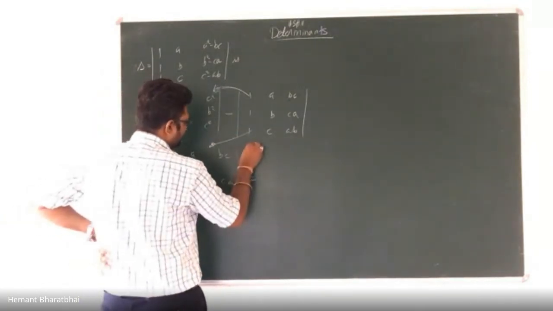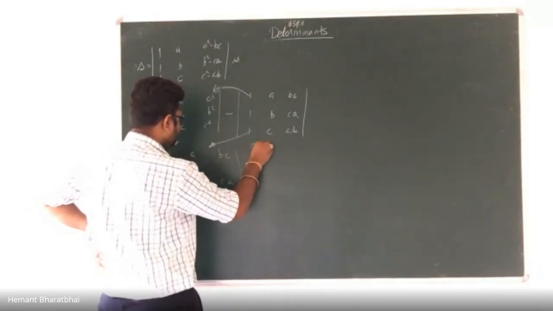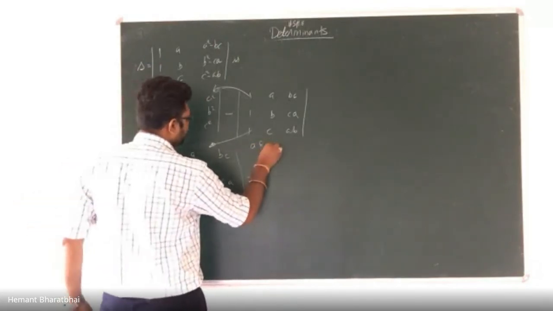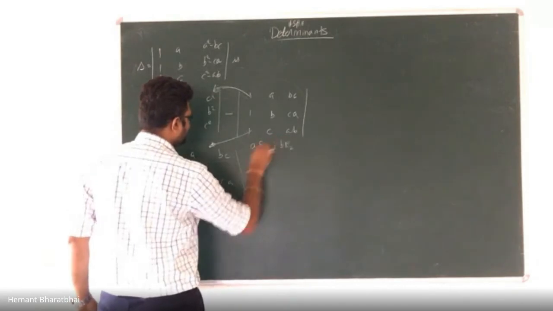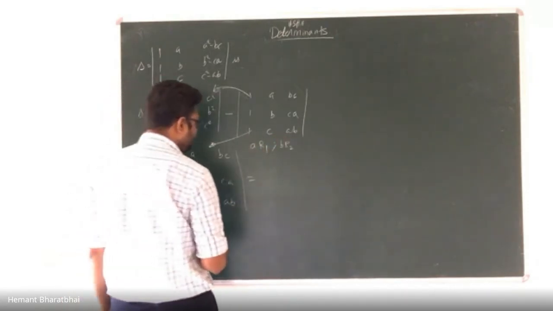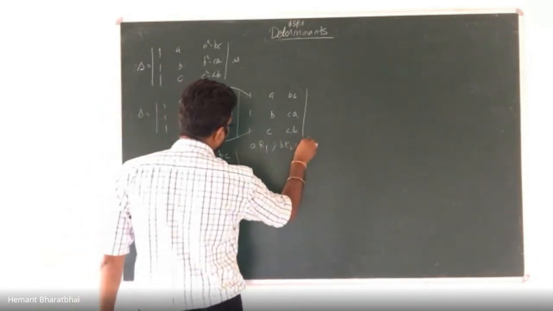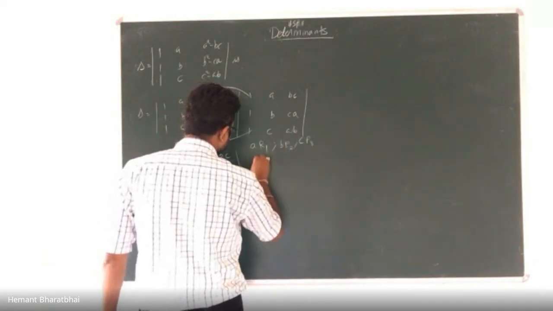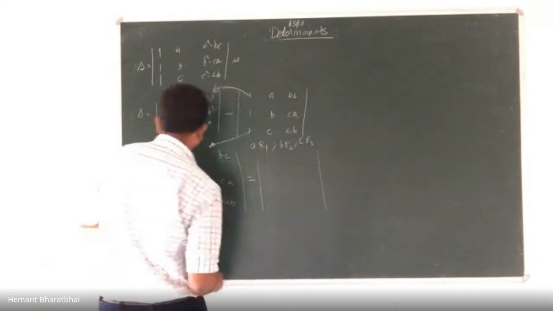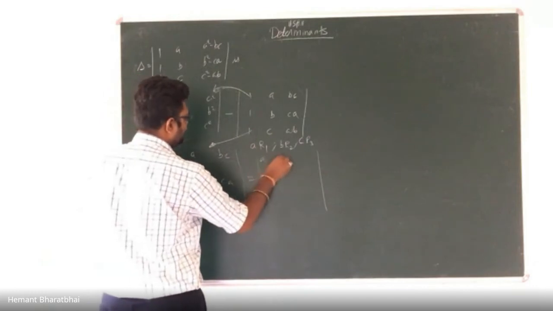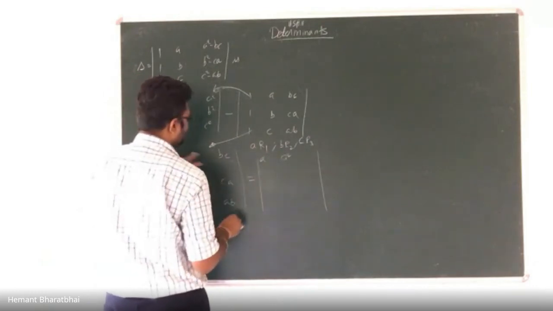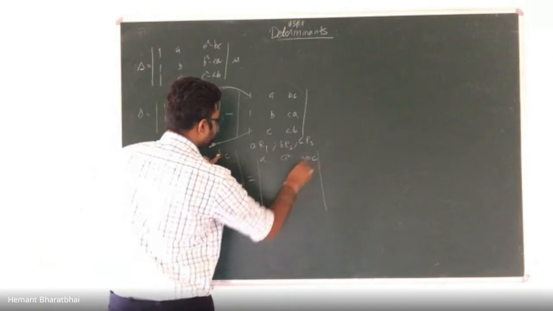So I'm going to multiply row 1 with A, I'm going to multiply row 2 with B, and I'm going to multiply row 3 with C. When I do that, I'll get over here A, here I'll get A square, and here I'll get ABC.